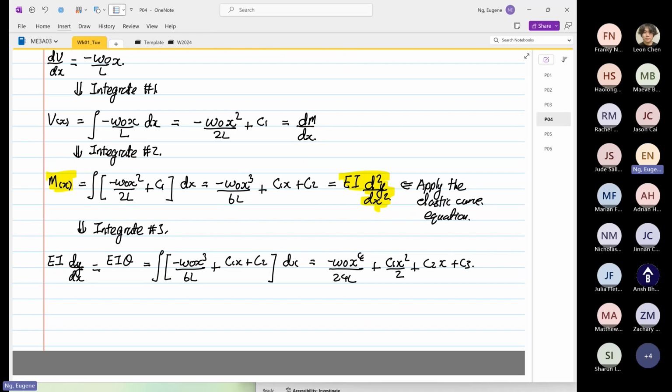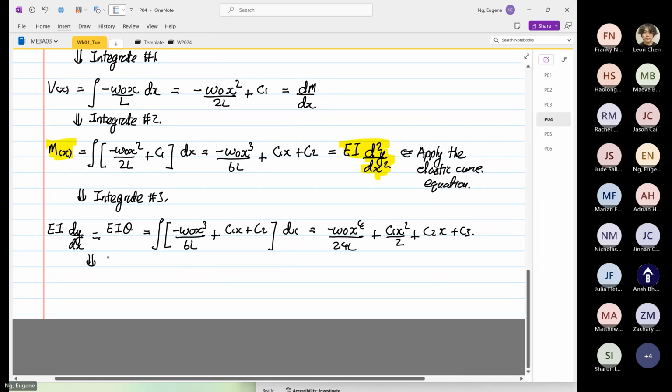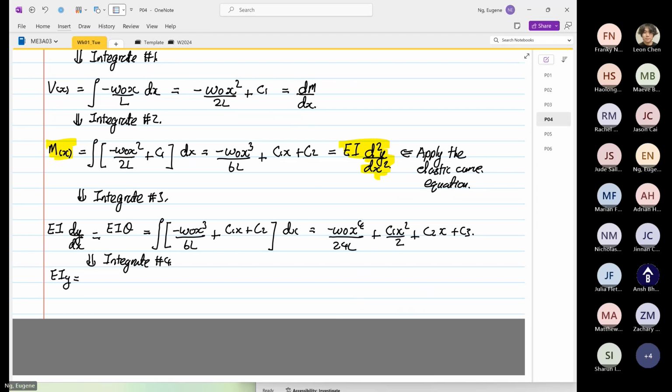And then finally, when we're going to integrate the third time and the fourth time, we're going to have the expression EIy is equal to, so we're going to integrate minus omega naught x⁴ over 24L plus C1x squared over 2 plus C2x plus C3, and the whole thing dx.